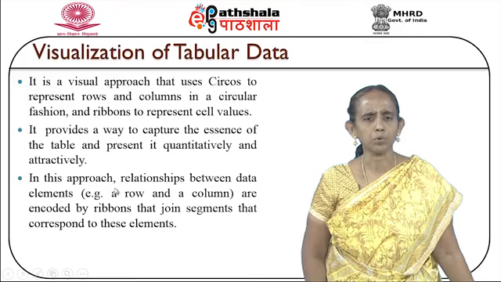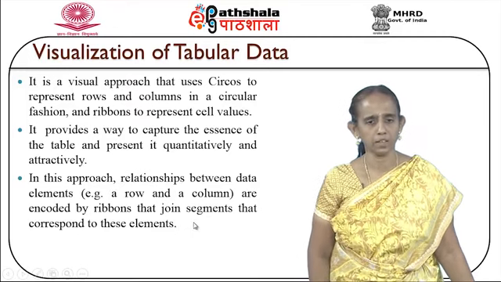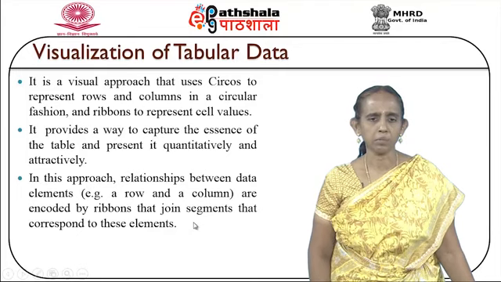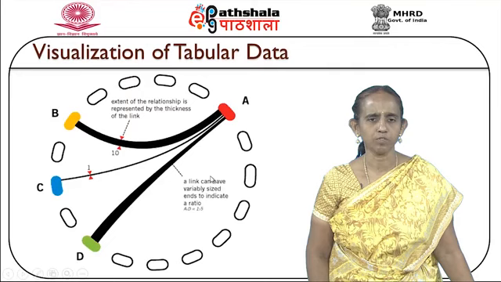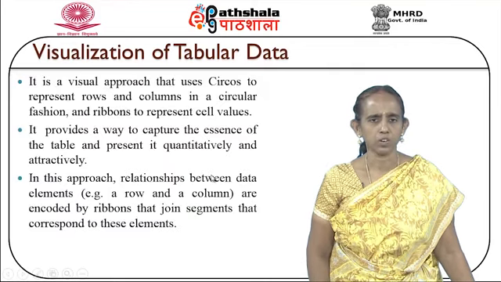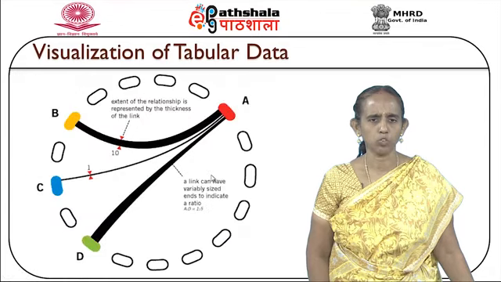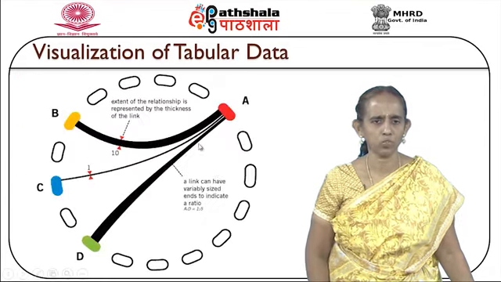In this approach, the relationships between the data elements are encoded by ribbons that join the segments that correspond to these elements. This kind of visualization is also called a circos, which uses circles to represent the rows and columns in a circular fashion. The ribbons represent the cell values.